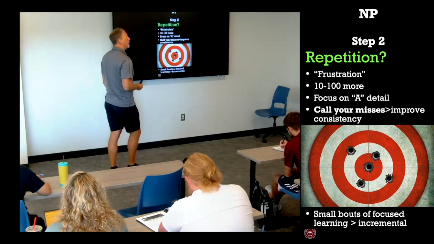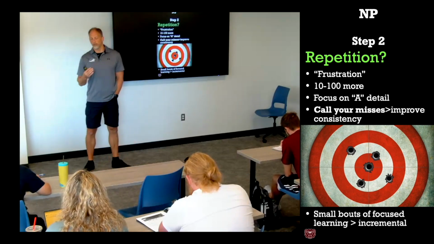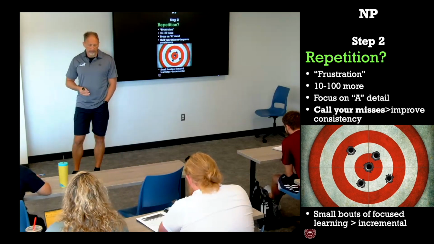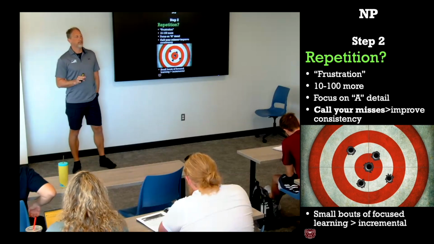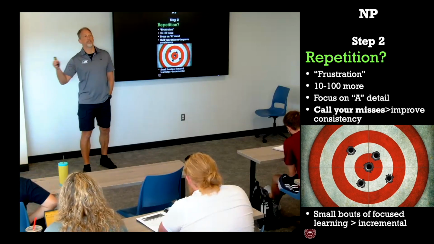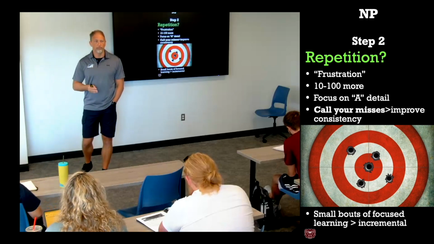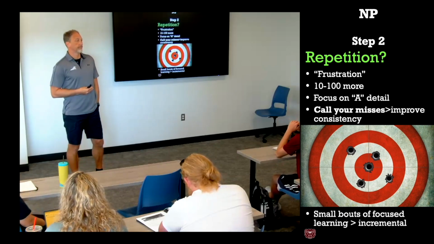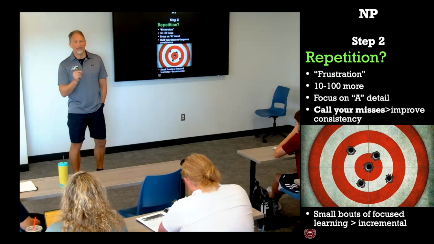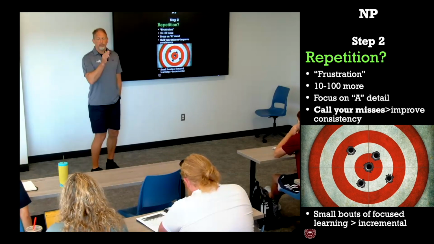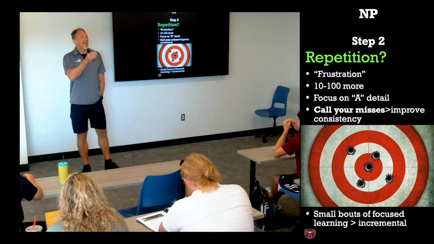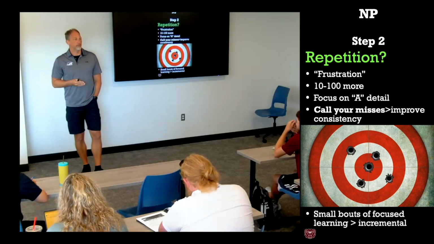Depending on which research study, which textbook you read, which author or podcast you listen to, they're going to tell you that you need to get between 10 and 100 successful reps after the point of frustration. That's the key. You have to have the point of frustration. What's even better is if you intermittently have that frustration while you're getting those repetitions.